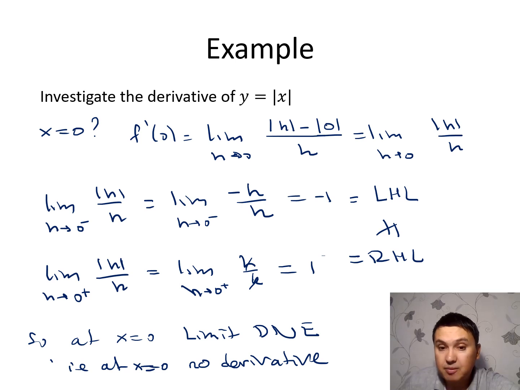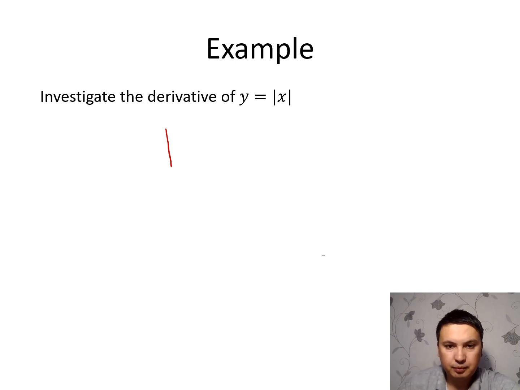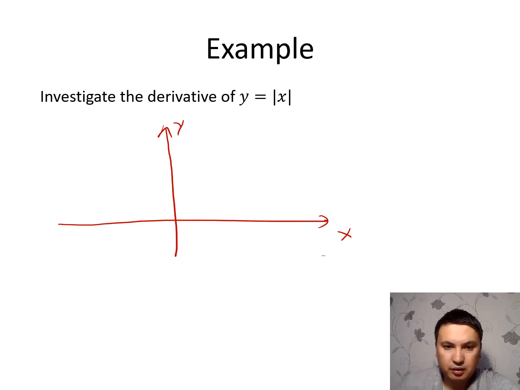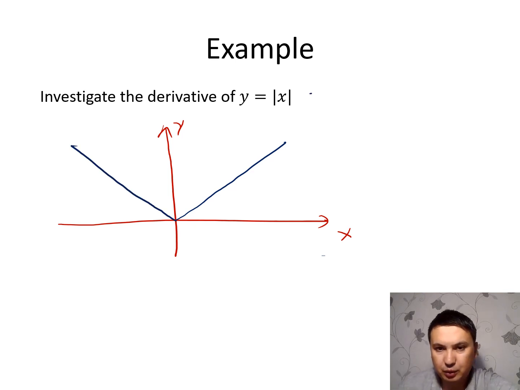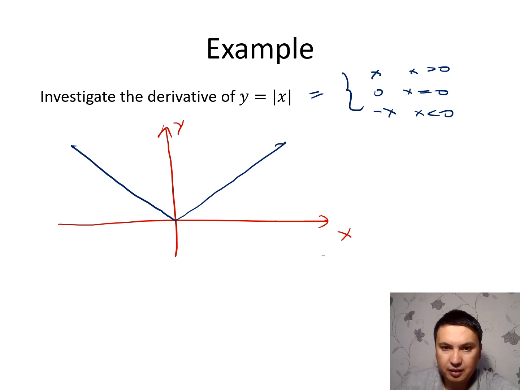Let's sketch the graph. So the graph looks something like this. We already know what it is. It's like x if x is positive, and minus x if x is negative. So that's the graph. And as you can see, this is 45 degrees because we found the slope to be 1.